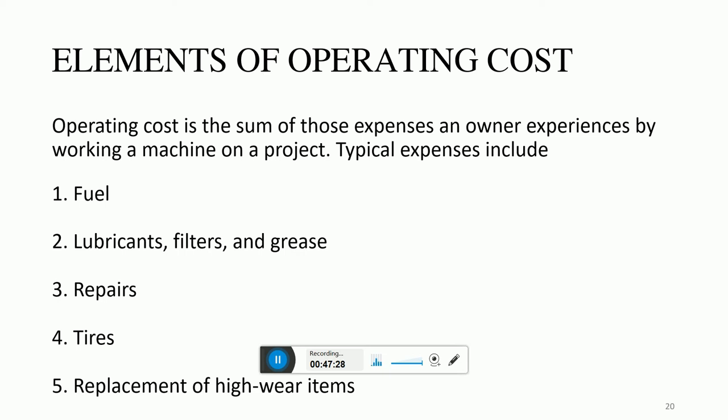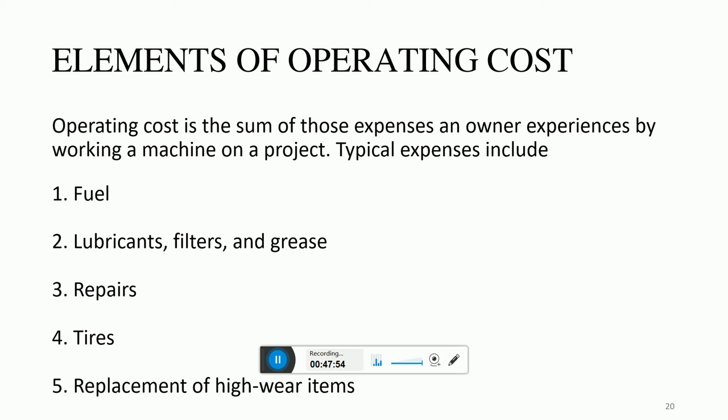Operator wages, for the operator who is going to operate the equipment, are sometimes included under operating cost, but because of the wage variances between projects, the general practice is to keep operator wage as a separate cost category. So it is not included in the operating cost, but taken as a separate category.